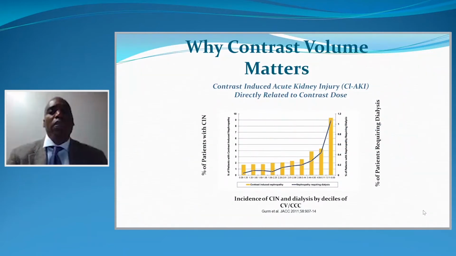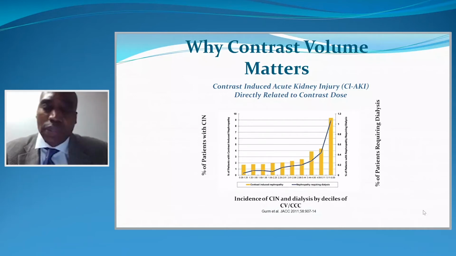Contrast volume does matter. So this slide looks at the ratio of contrast volume to the creatinine clearance. And as you can see, as you move to the right of this graph, as that ratio increases, the incidence of contrast-induced nephropathy increases incrementally. So definitely trying to keep that contrast volume to a minimum will help prevent contrast-induced acute kidney injury.